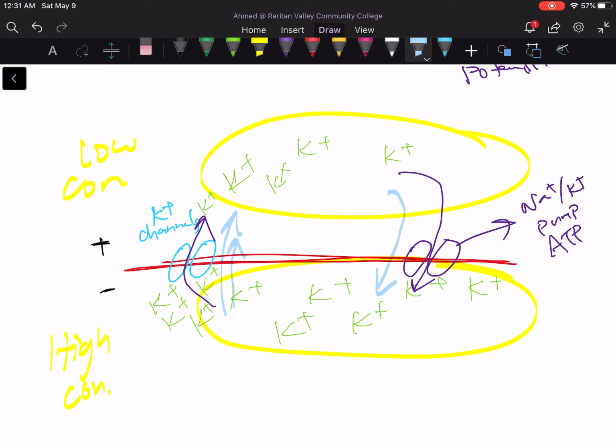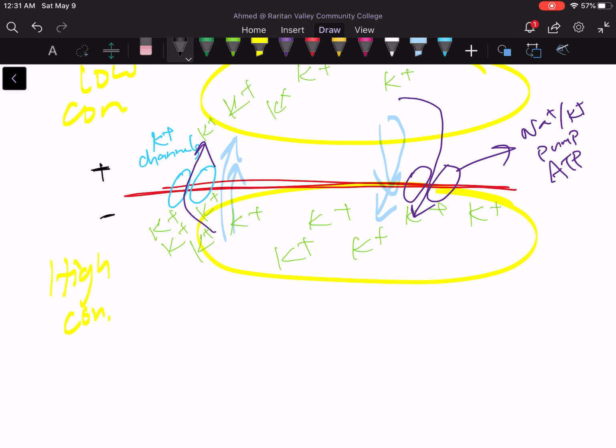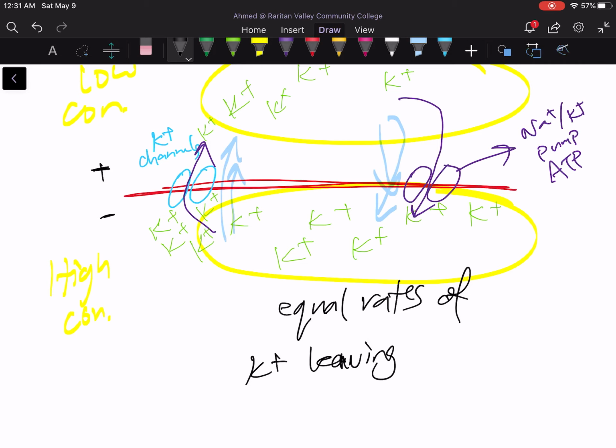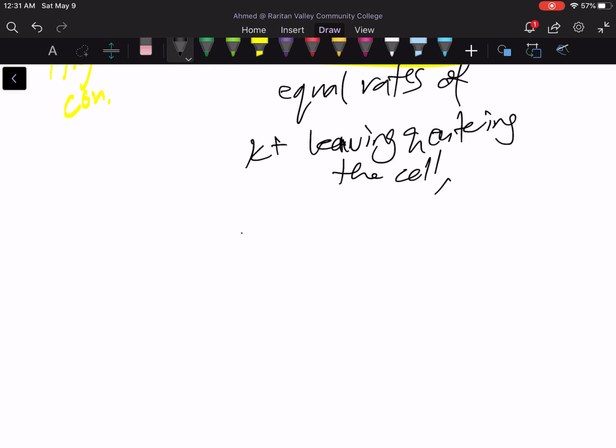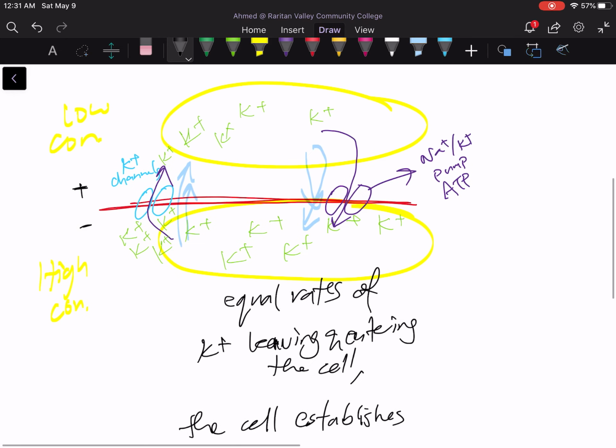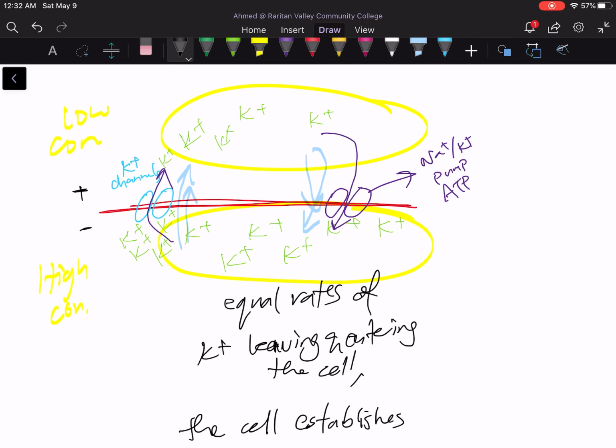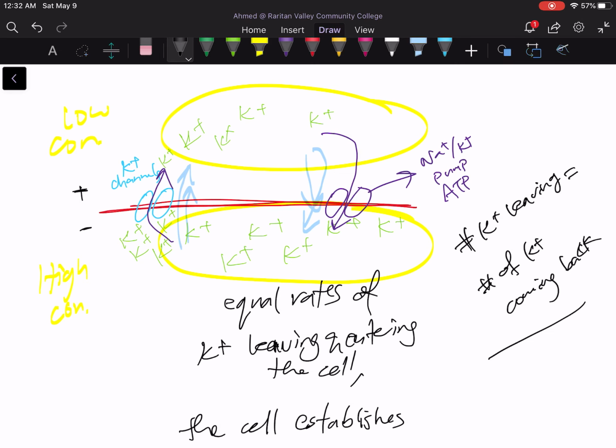Both movements will happen at the same time. Once we have an equal rate of potassium leaving and entering, the cell establishes its membrane potential. So once the number of potassium ions leaving equals the number of potassium ions coming back, then we will have the membrane potential.